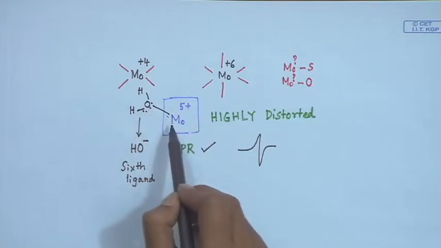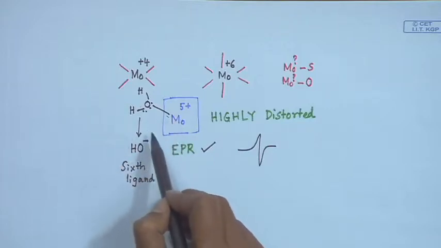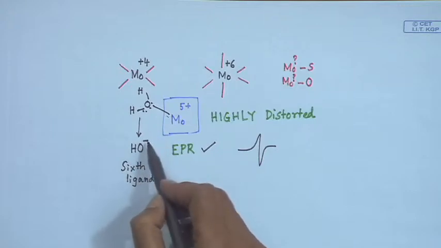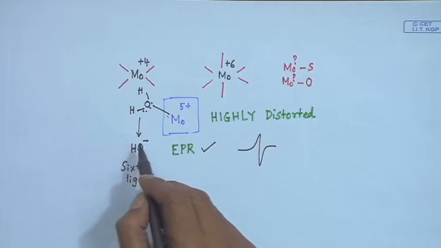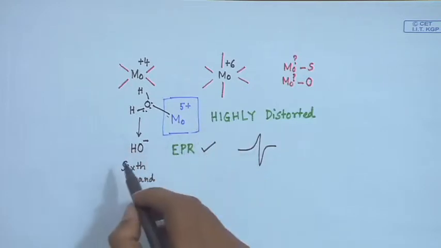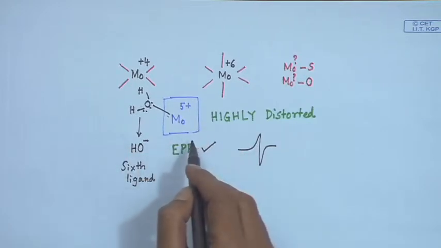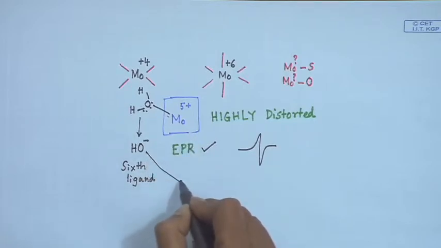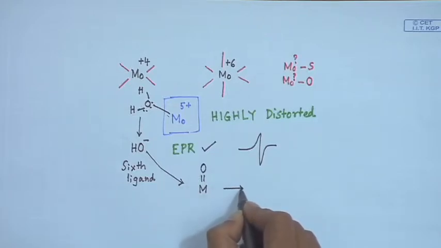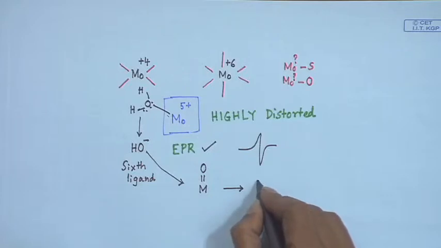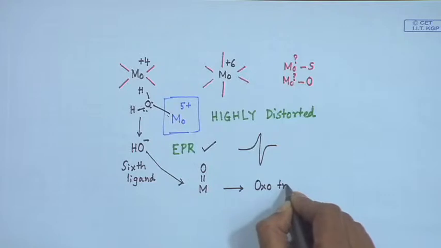So, some new interaction starts playing into the operation, the bound HO minus, that bound hydroxide anion, because this bound hydroxide anion is the main thing for all these molybdenum and tungsten bearing enzymes, because this is ultimately going for the metal oxo species, and that is the main part for all the different types of oxo transfer enzymes.